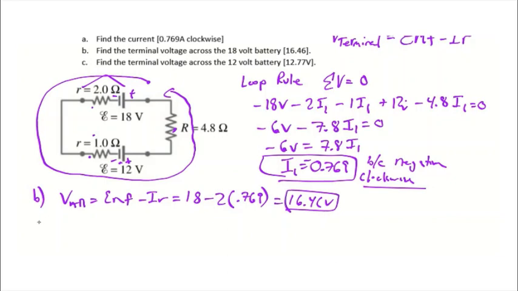Now let's take a look at part C. So that's between kind of these 2 points. If you want, you can actually pretend that there's a battery there that looks like this.